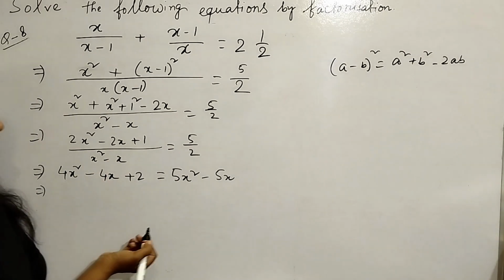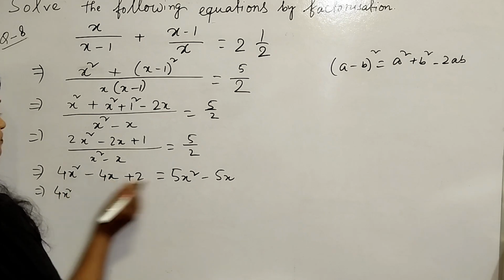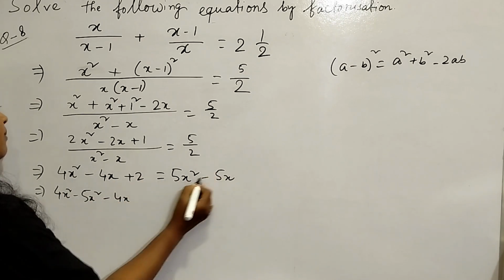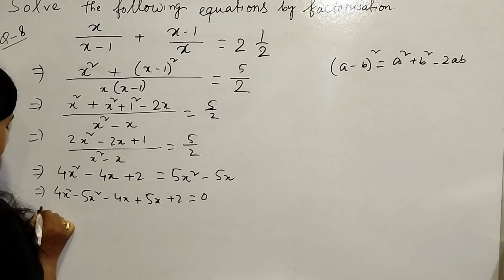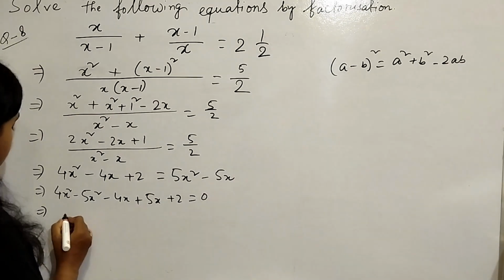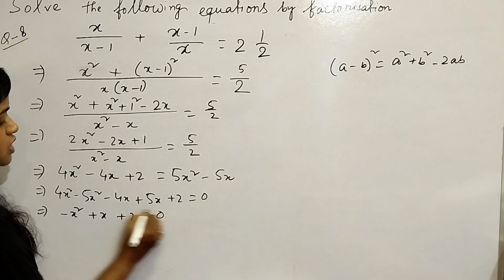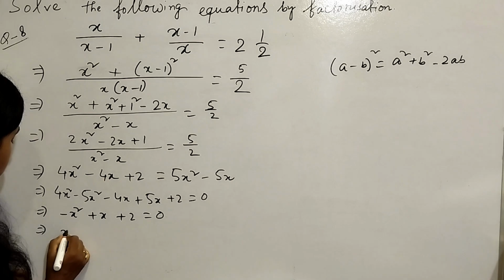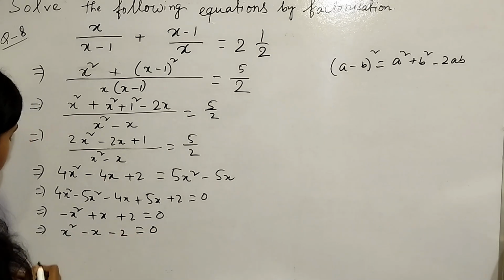So next, group into like terms. 4x square comes to this side as 5x square, and minus 4x minus 5 becomes plus 5x, plus 2 equals 0. So it becomes 4x square minus 5x square, which is minus x square, plus x plus 2 equals 0. Now negative minus is multiplied in each term, so it becomes x square minus x minus 2 equals 0.